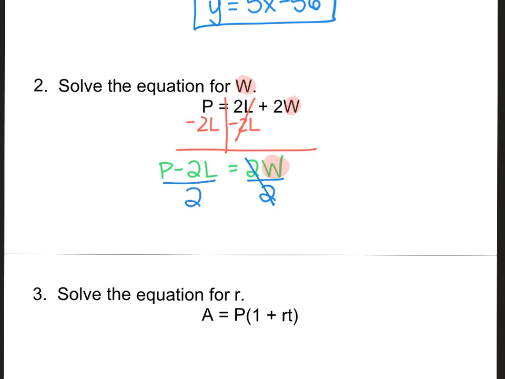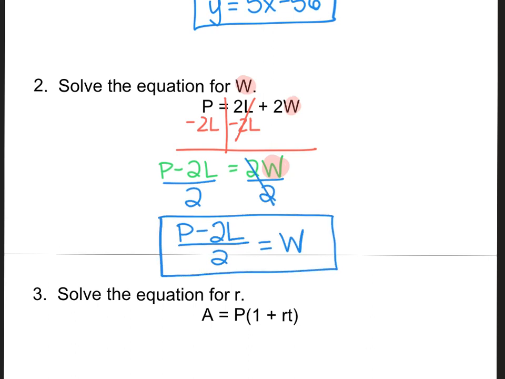Now, you do see a 2 in the numerator and the denominator, but we can't cancel those out because the 2 in the numerator belongs to the L. We could cancel them out if it was 2L on the top and 2L on the bottom, but since it's not, we have to leave it P minus 2L divided by 2 equals W. It's a little weird, it's just something to get used to, but it's really just rearranging a problem that has letters instead of numbers.